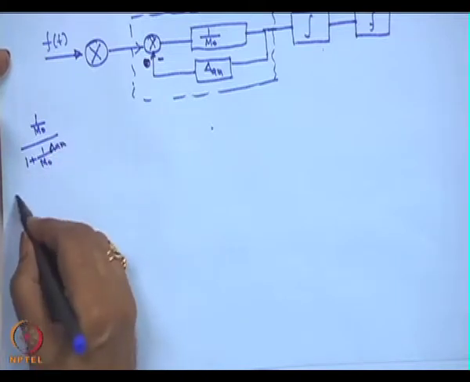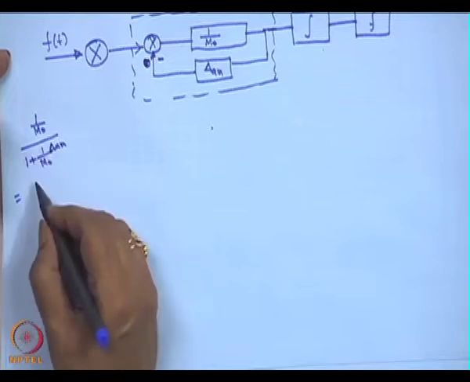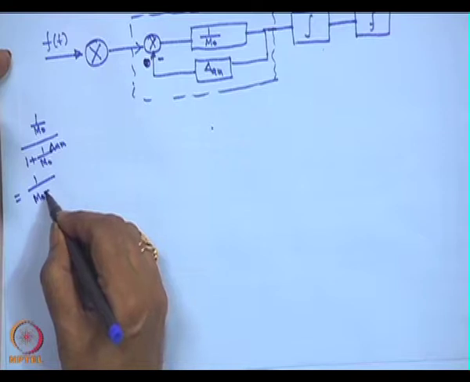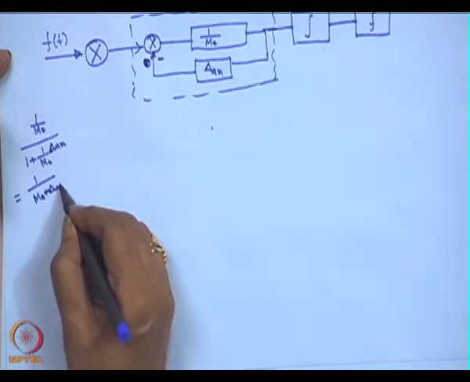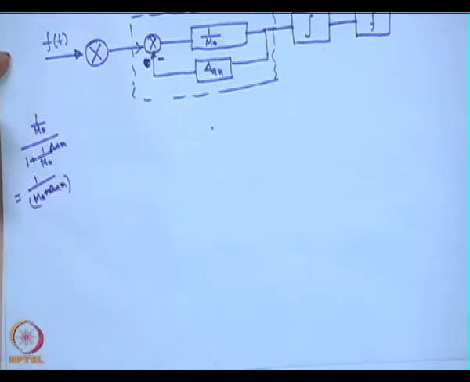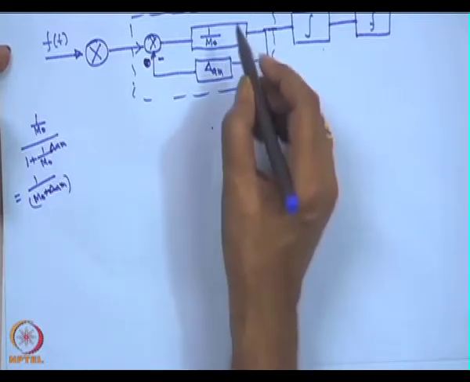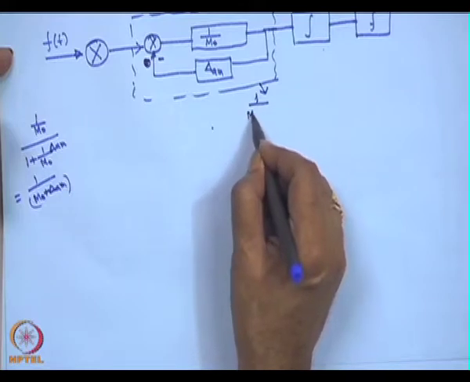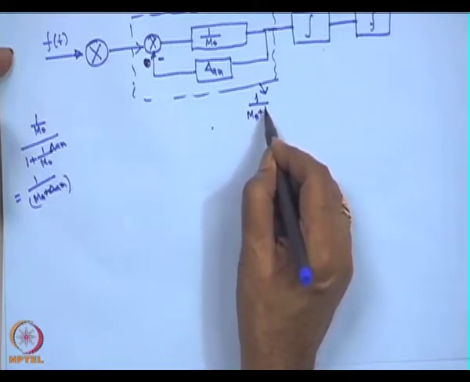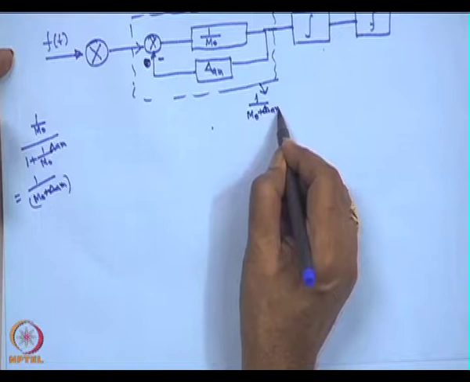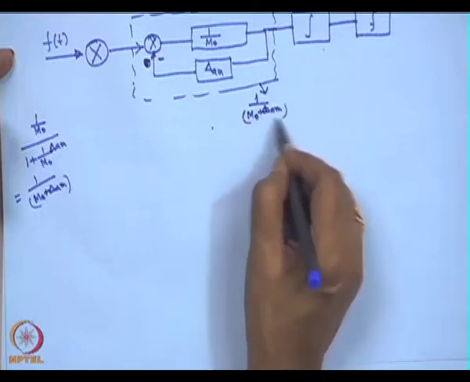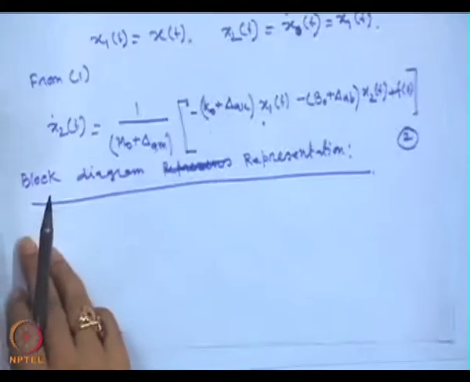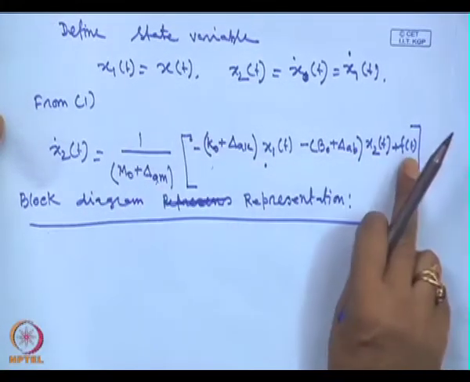So, what will come ultimately? It is nothing but 1 by m 0 plus delta A m. So, f t into 1 by this block, you got it.